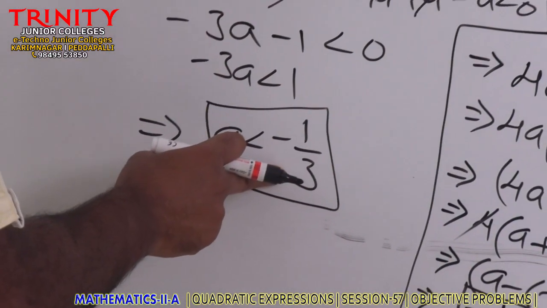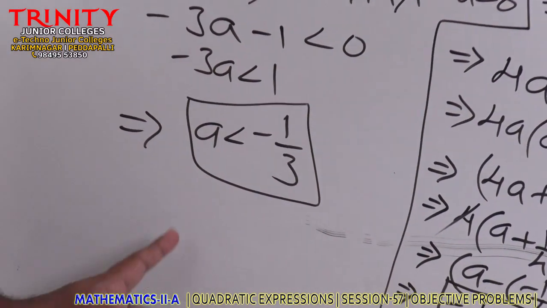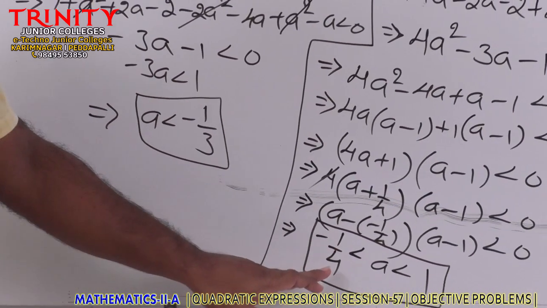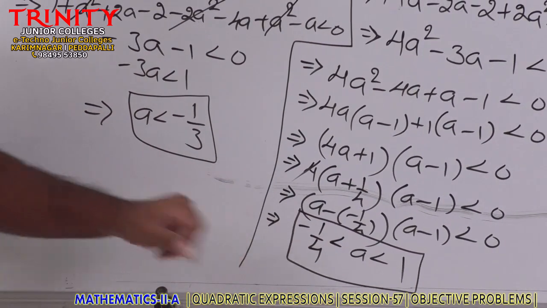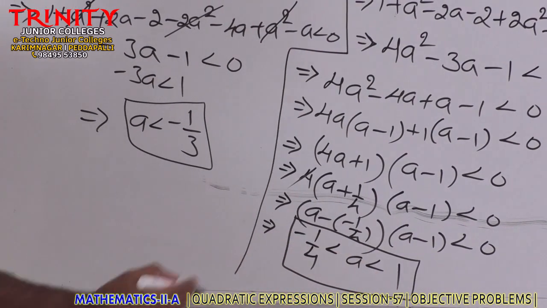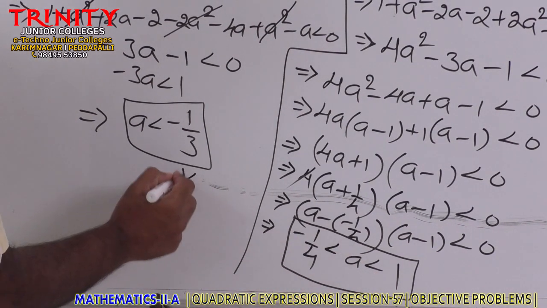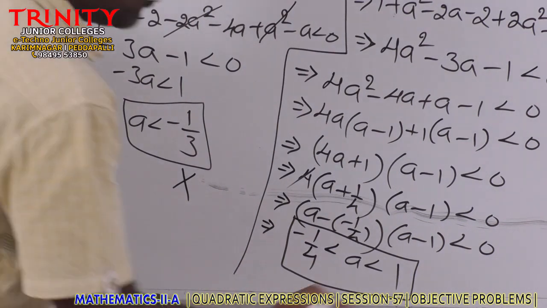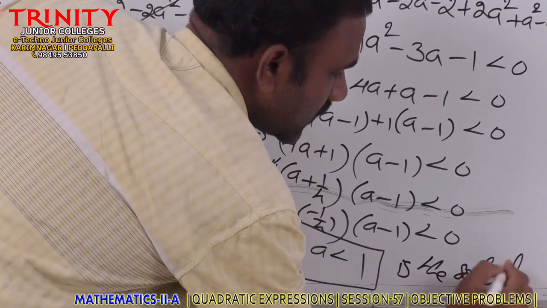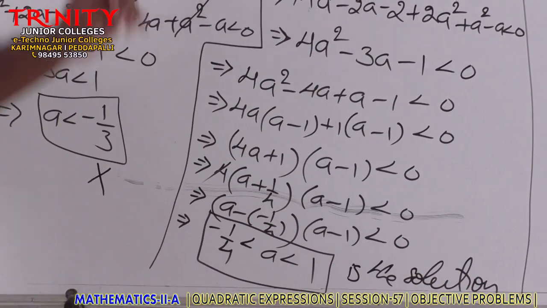And here a is less than minus 1 by 3. Therefore, see, this minus 1 by 3 is greater than the minus 1 by 4. Therefore, the common part is minus 1 by 4 less than a less than 1. Therefore, this is the solution of this.